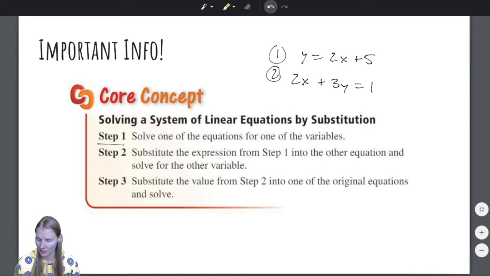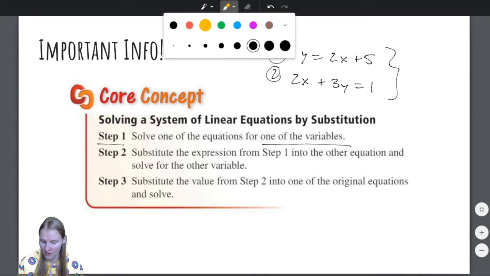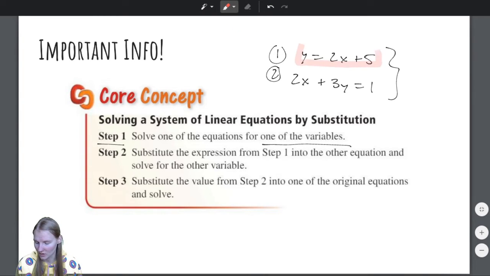There we go. We have two equations, and step one is to solve one of the equations for one of the variables. What that means is you're going to take one of the equations, either number 1 or number 2, and you want to get y equals or x equals.